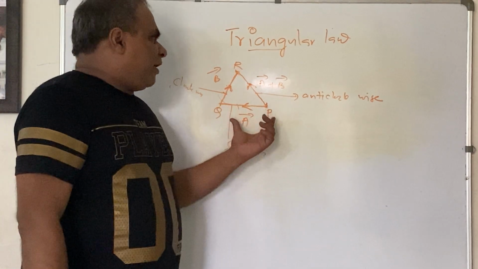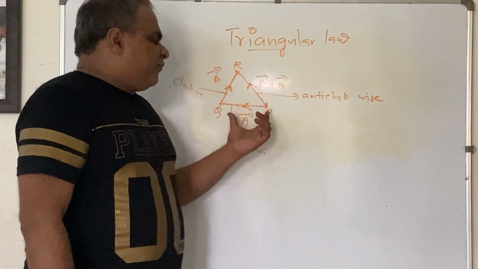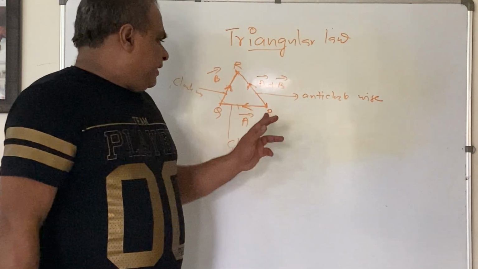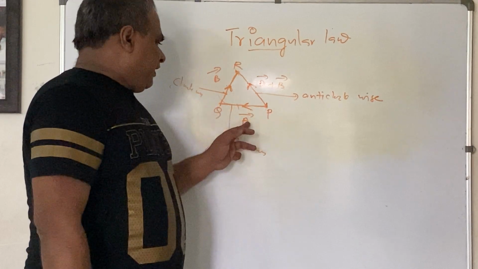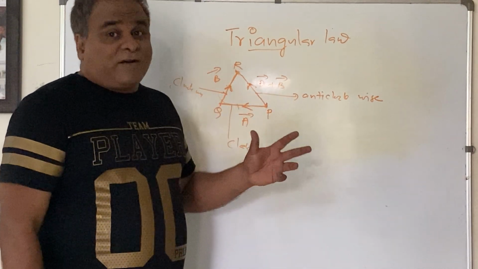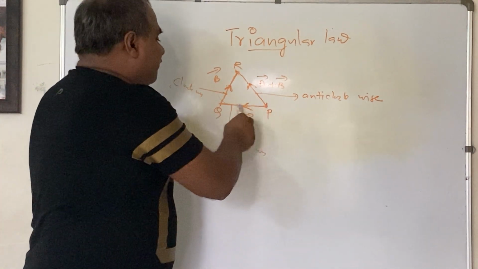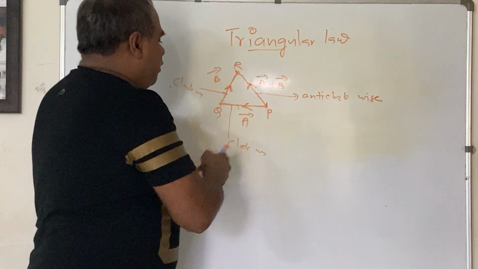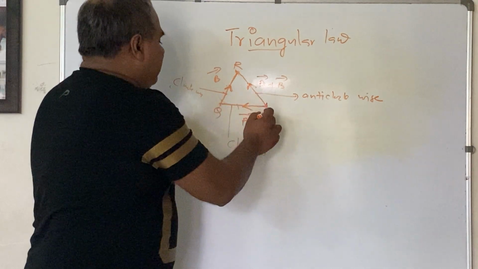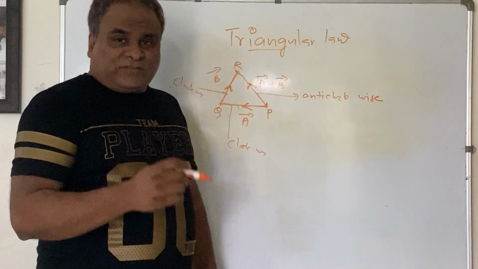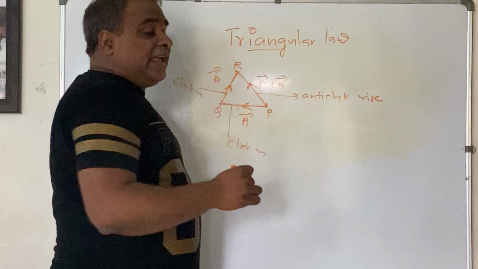So what does the triangular law mean? If two vectors, that is PQ, our vector A and vector B, are represented in magnitude and direction by the sides of a triangle, these two are the sides of the triangle PQR, taken in order.